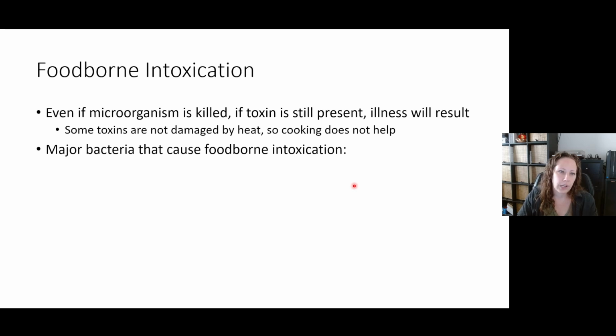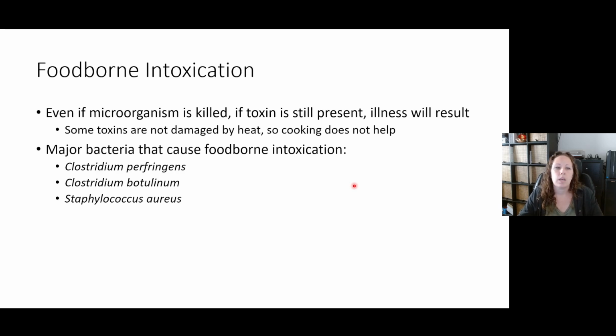Our major bacteria that cause foodborne intoxication are Clostridium perfringens, Clostridium botulinum, Staphylococcus aureus, and Escherichia coli. And that's just certain strains of those. Not all of them make you sick on that one. So now we're going to go through each one of these.